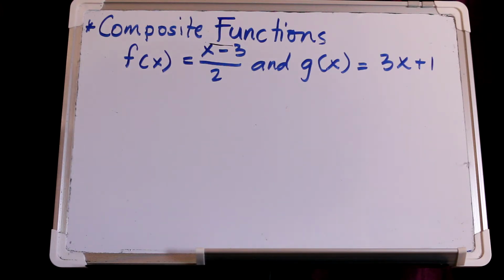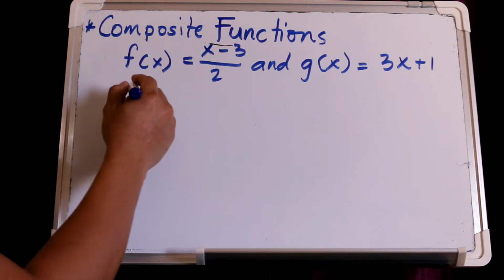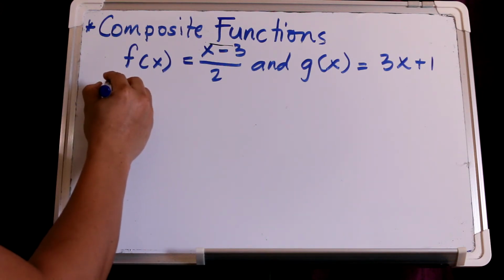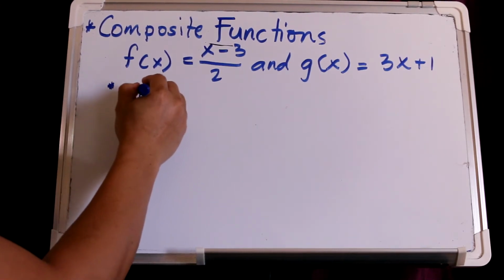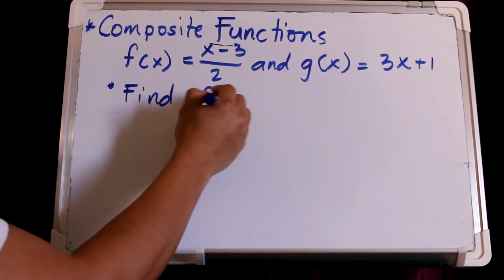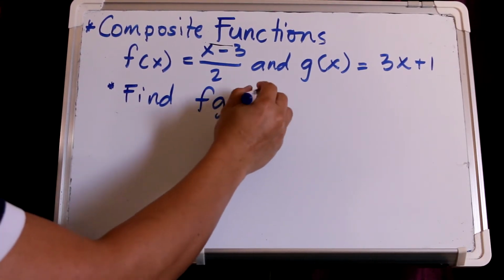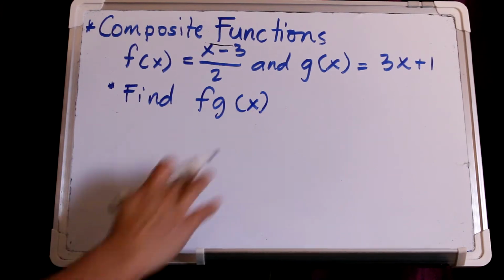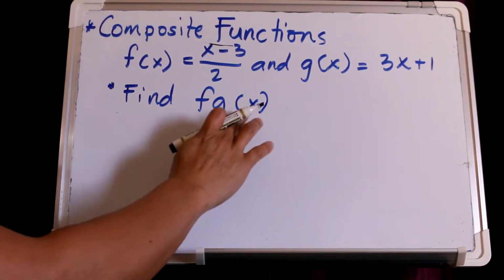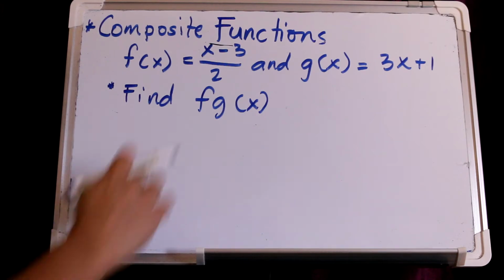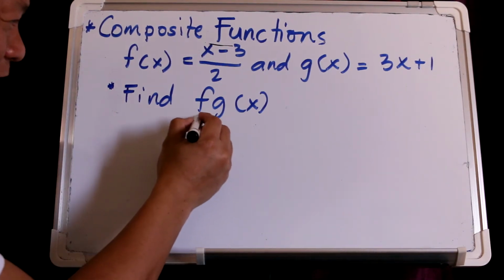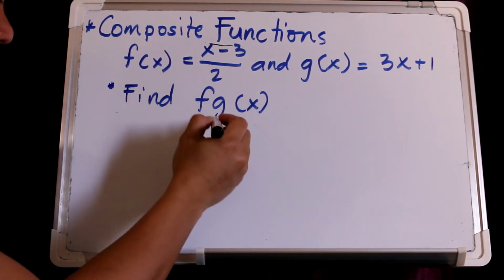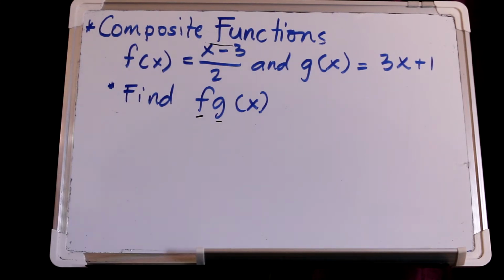So let's see through it. If, for example, you will be asked to find fg(x), there's no number yet here. That means you are going to make a base of the f and an input of g.